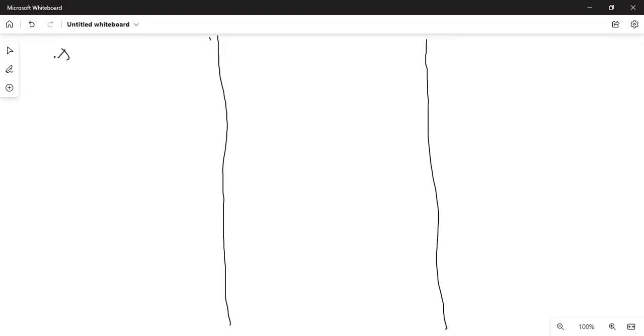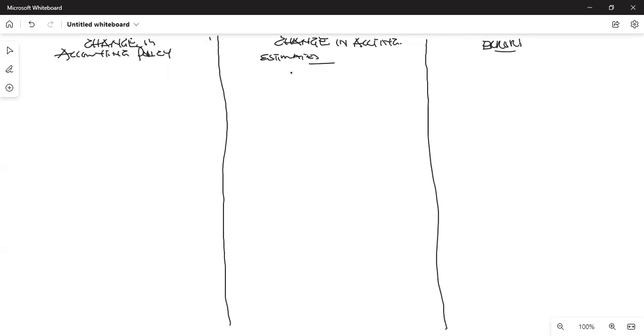So we are talking about accounting policy. So what we are going to go through and understand is the accounting treatment.